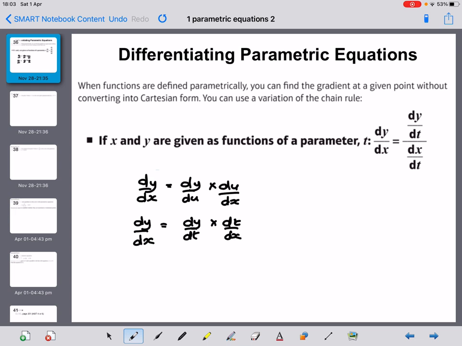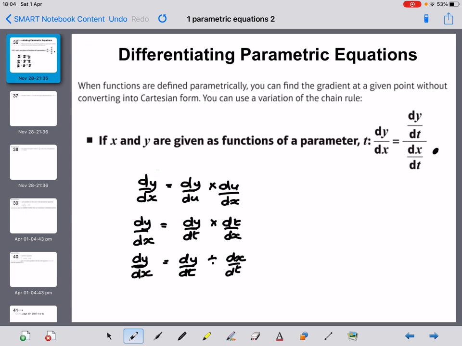If I then flip this second fraction over and say that's dx by dt, then I can say dy by dx is dy by dt divided by dx by dt. And that's just what that is there.